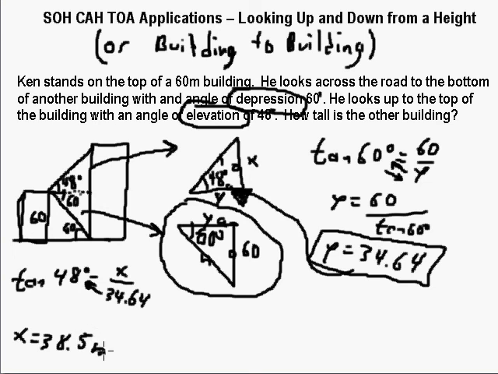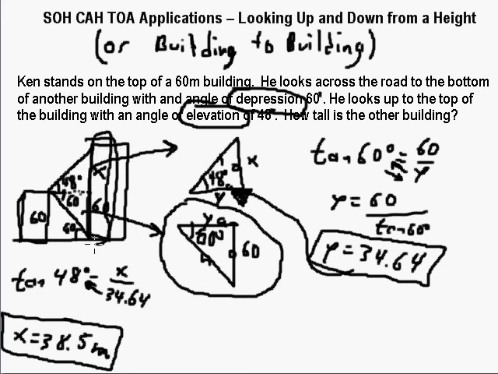Okay, now that's x. That's not what they want to know though. What they want to know, well, this is x that I just solved in here. They want to know how tall the other building is though, so it's not 38.5 meters tall. It's that and 60. So remember that the whole height here is equal to our original 60 plus the 38.5.